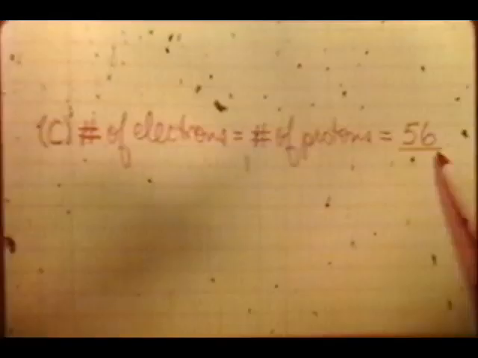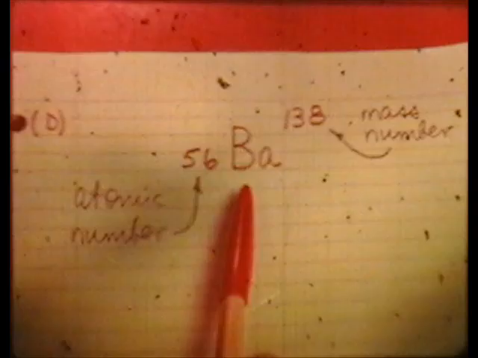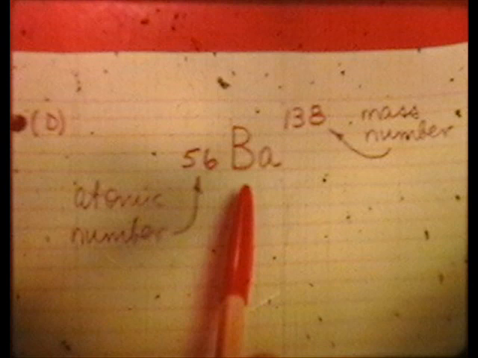In C, the number of electrons is the same as the number of protons, or 56. Finally, the complete isotopic symbol would be 56Ba138.